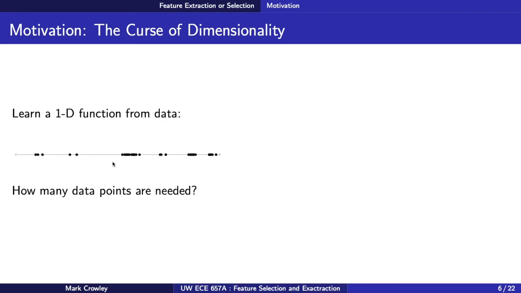If you think about this in terms of a visualization, we've got our original 1D function here with a bunch of values, and the question is, how many data points do we need to fully represent this? Maybe you're happy with a certain approximation, and so you just need 1 or 2 or 3 data points from each of these clusters, and then you'd be able to define your function as saying, as long as you're within these ranges, then the value is given, and if you're somewhere else, the value is 0.